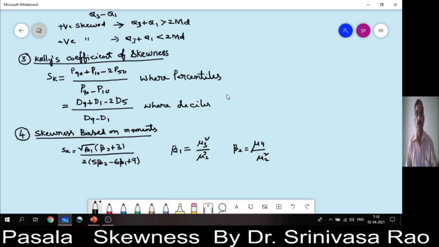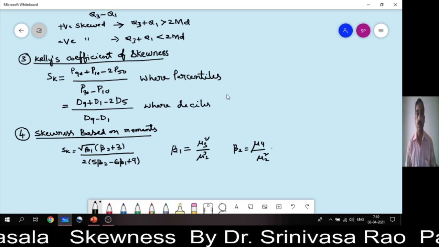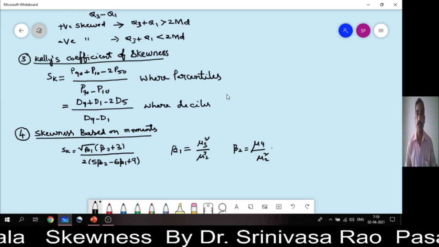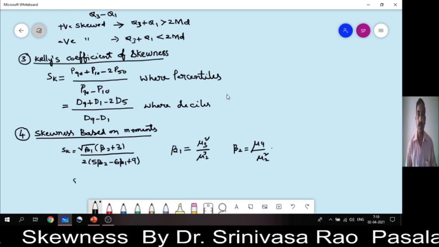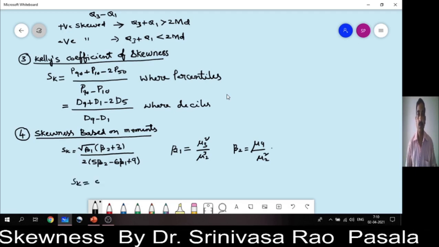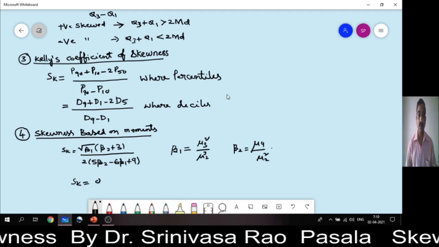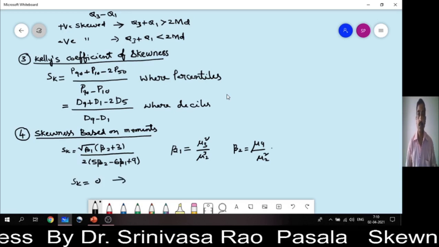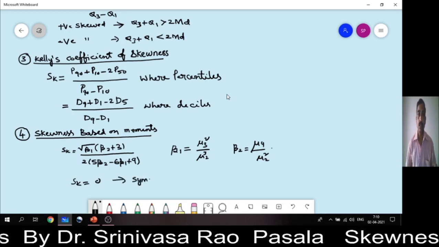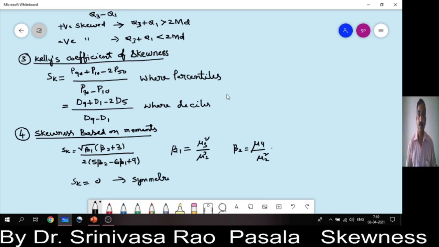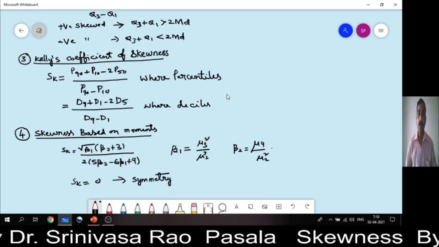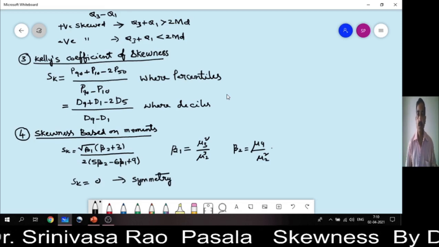If you substitute those quantities in this and you get SK equals 0, that means this measure of skewness is 0, then you say that the distribution is a symmetry distribution. Otherwise it is a skewed distribution.